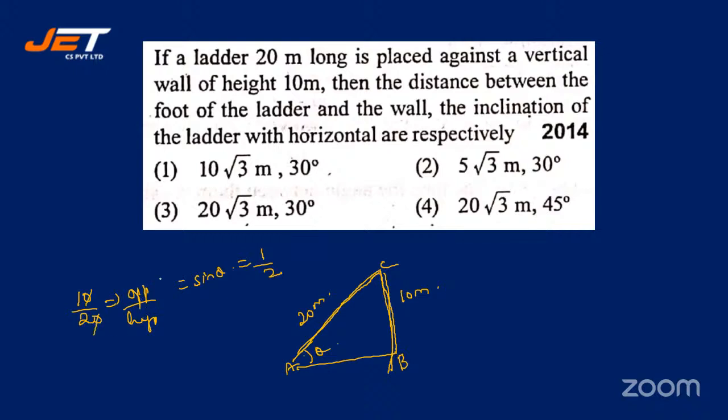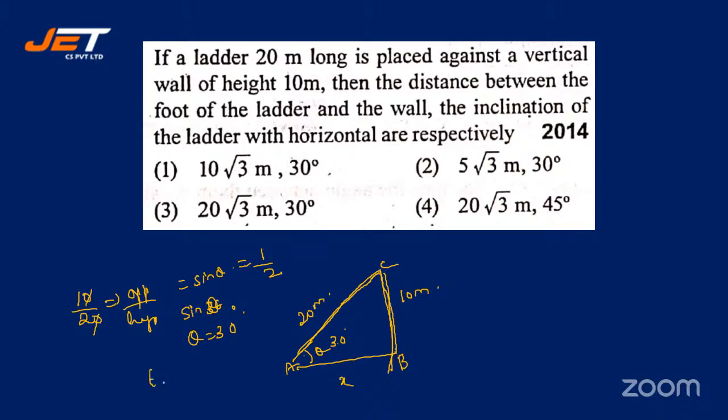So if sine theta is half, means the theta must be what? The theta must be 30 degrees, isn't it? So the theta must be equal to 30 degrees. So here you can say that the theta is 30 degrees, right? Now you can say, of course, this is x.